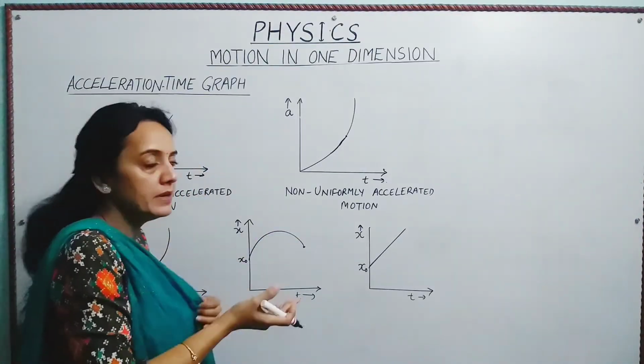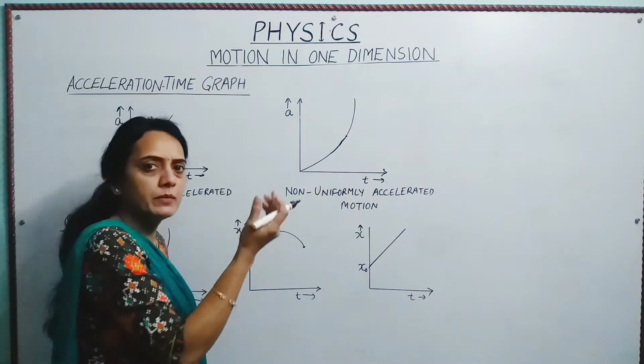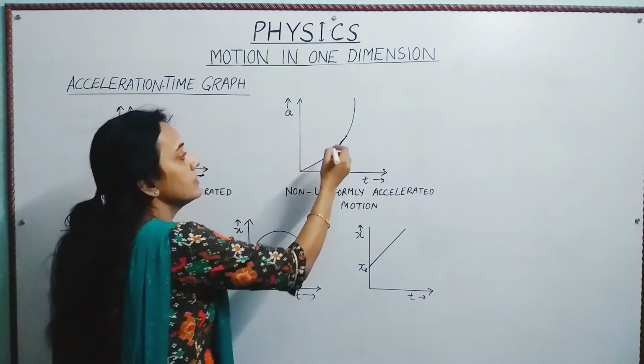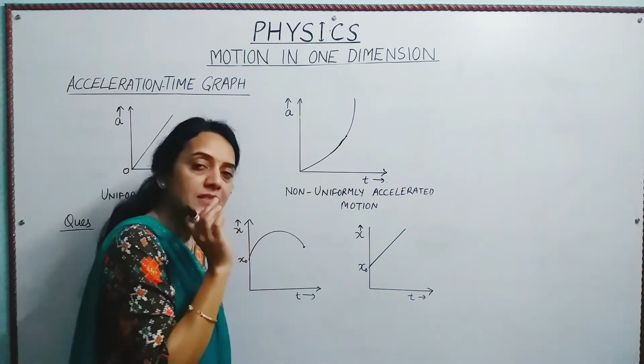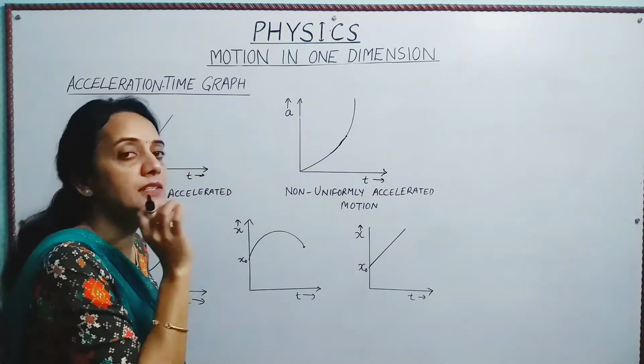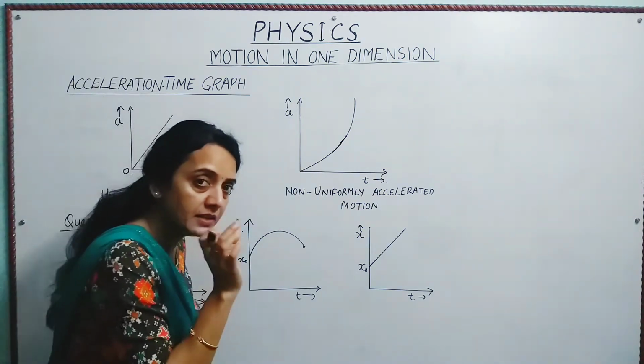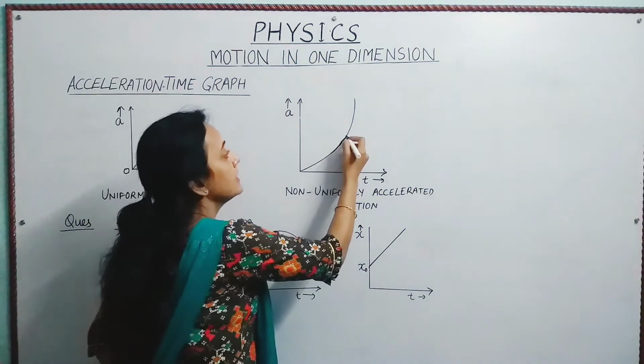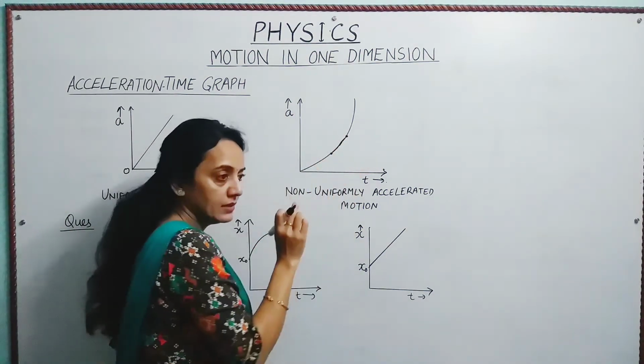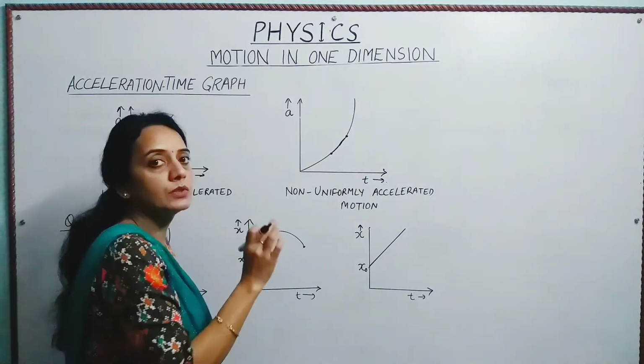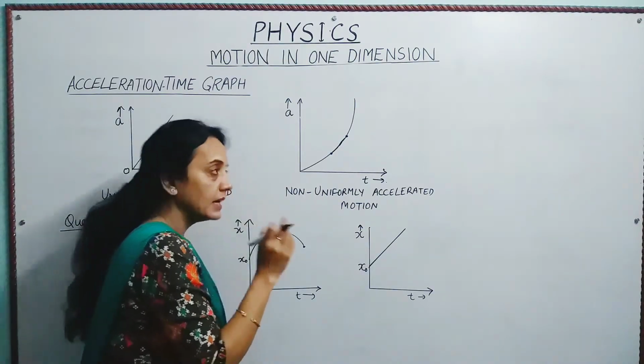Now, for non-uniformly accelerated motion or a non-uniform velocity-time graph, if you have to find some instantaneous velocity or instantaneous acceleration, then whenever the word instantaneous comes, you have to find that particular quantity in that particular time interval.